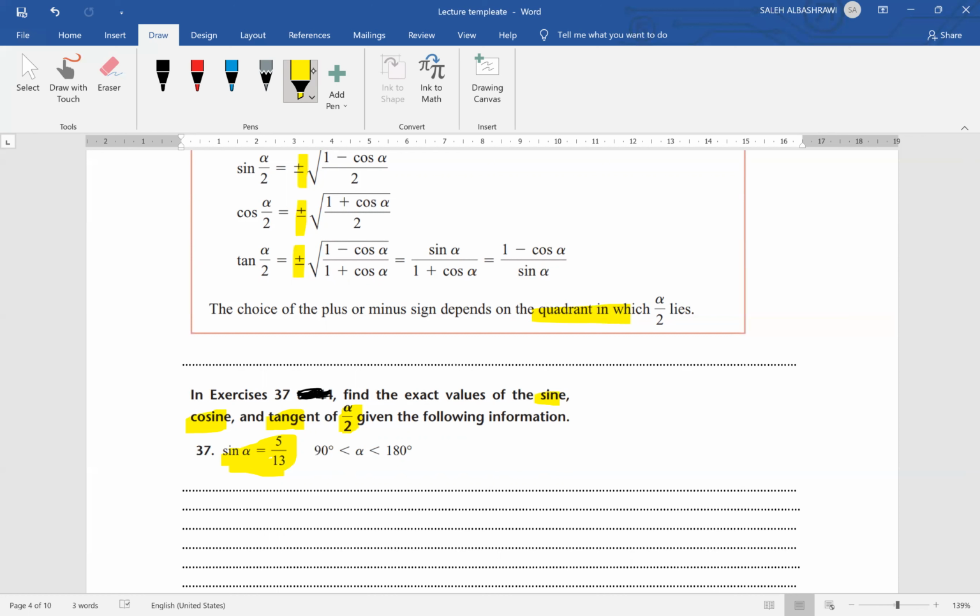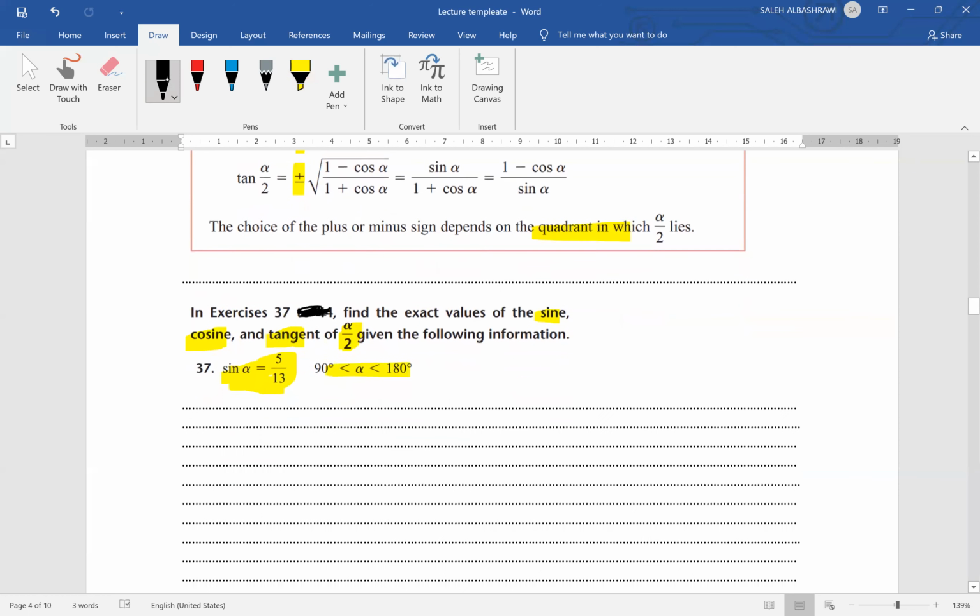And alpha is given to be between 90 and 180. It means alpha is in the second quadrant.